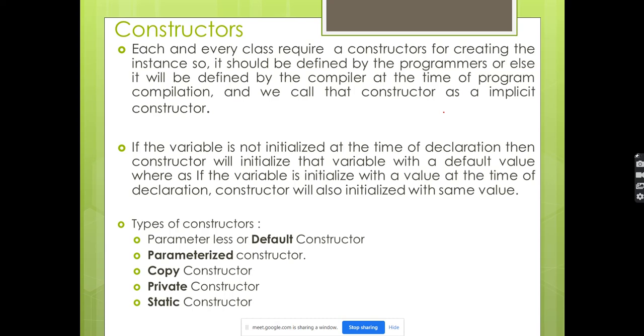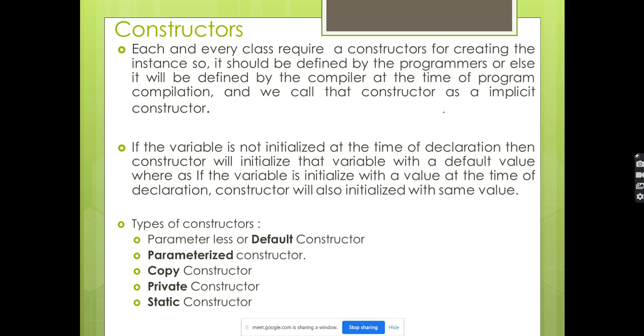The compiler comes into the picture. The compiler says, in this code we are unable to see a constructor, so the compiler itself creates a default constructor internally, and it keeps assigning the default values to the variables in the class. That is the default constructor, or the parameterless constructor, meaning no parameters.